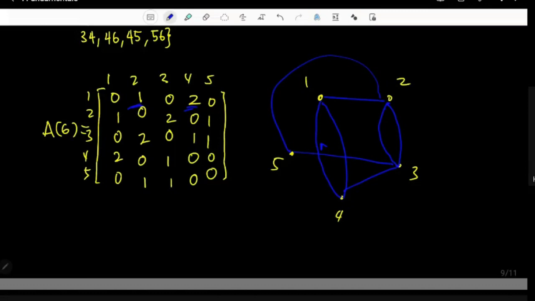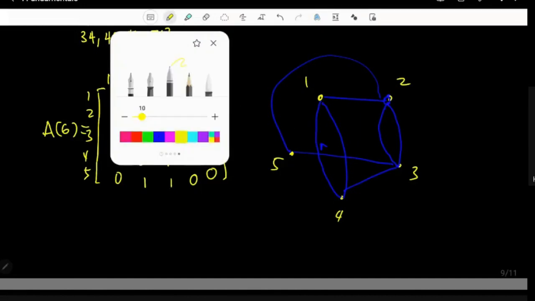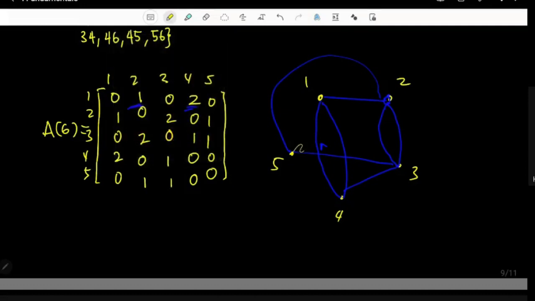Alright. Vertex 5 is connected to, of course, we've already drawn that, it's connected to vertex 2 and vertex 3. So, that will be your graph. So we were able to construct our graph just by looking at the adjacency matrix.